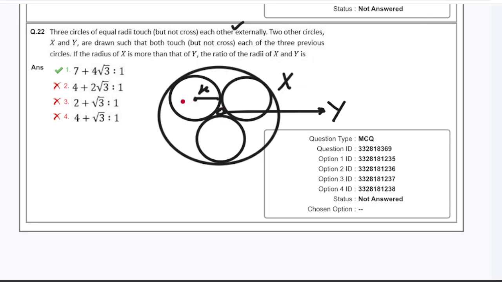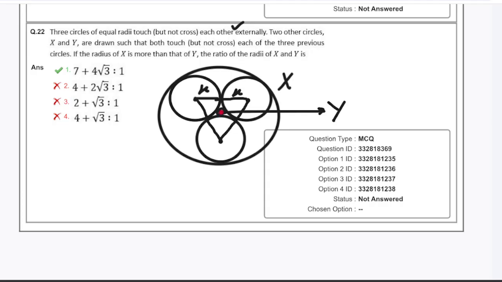We know that these are the centers, and if we join them we get an equilateral triangle. Now the side of the equilateral triangle is 2x.